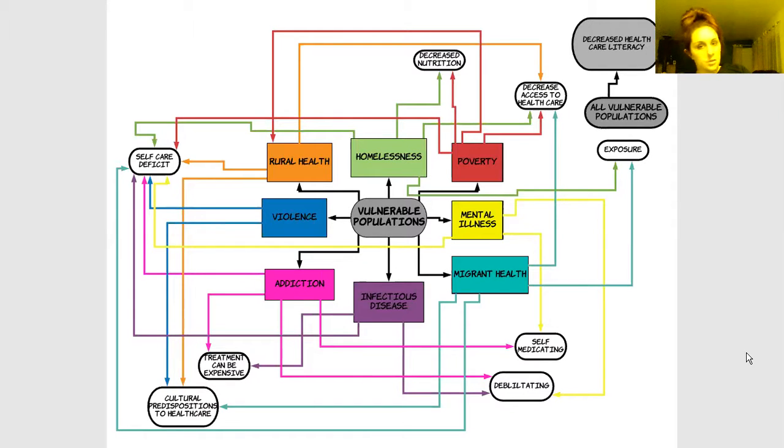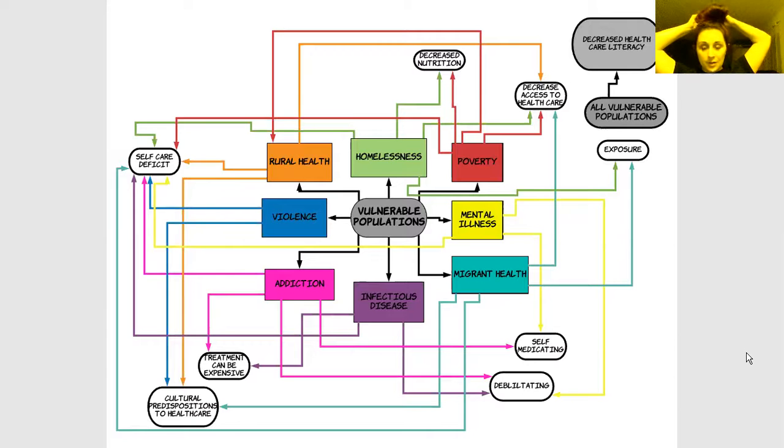You'll also notice over in the top right corner of my Lucid chart that I put all vulnerable populations lead to decreased healthcare literacy. Basically, what that means is the eight vulnerable populations, all of these different things that the people in these categories experience can lead to decreased healthcare literacy.